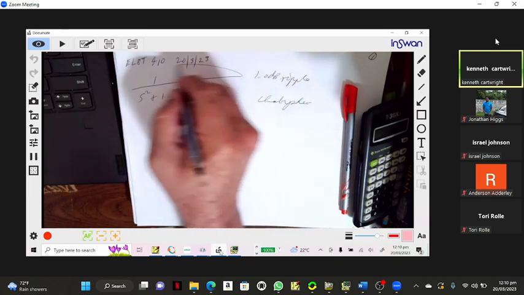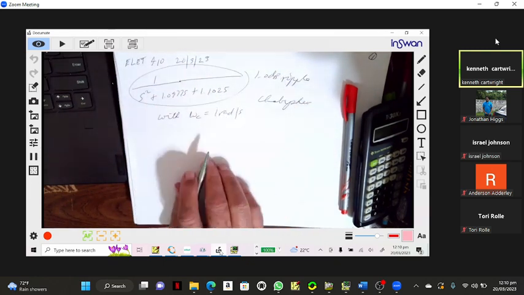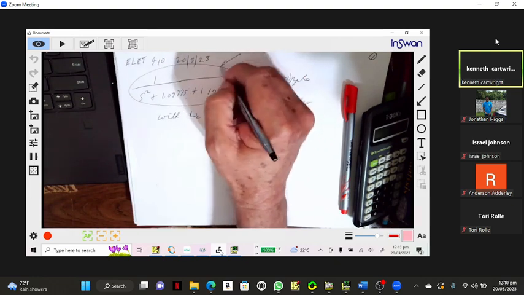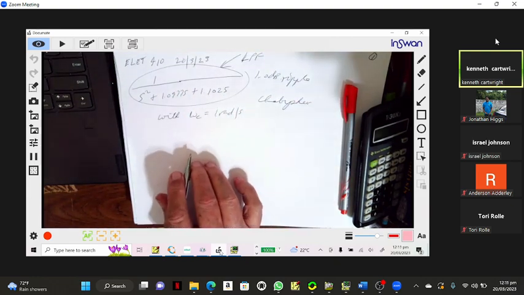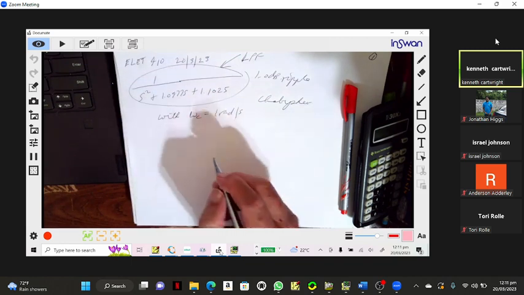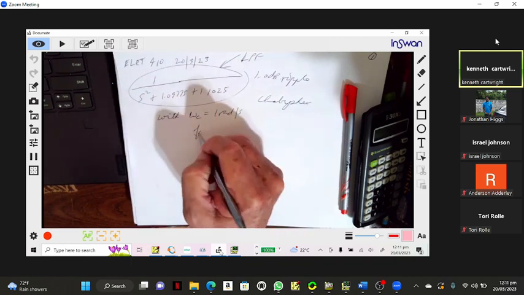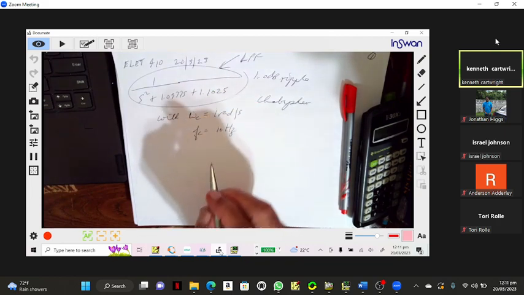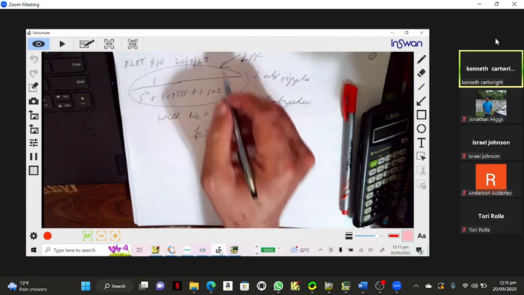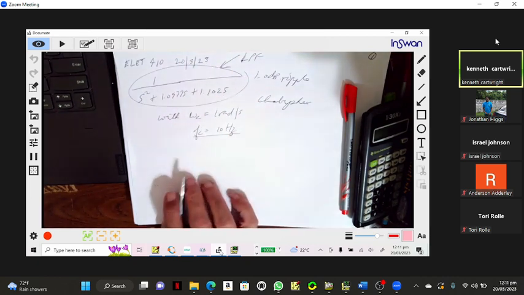What do we do to this? And this is a low pass response now. What do we do with this to make the cutoff frequency 10 hertz? What do we do with this transfer function? We want the cutoff frequency to be 10 hertz.